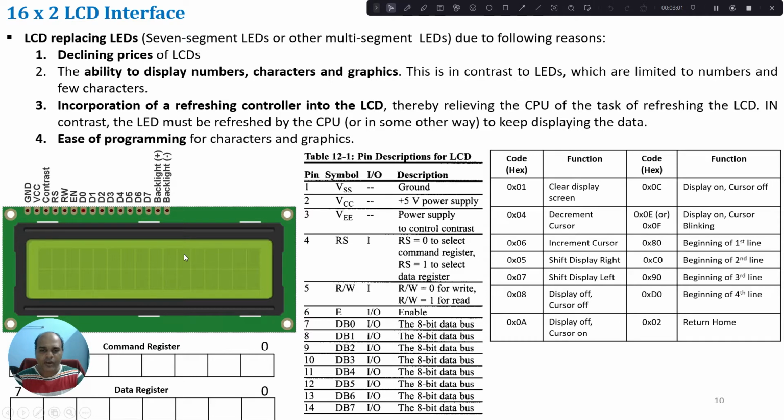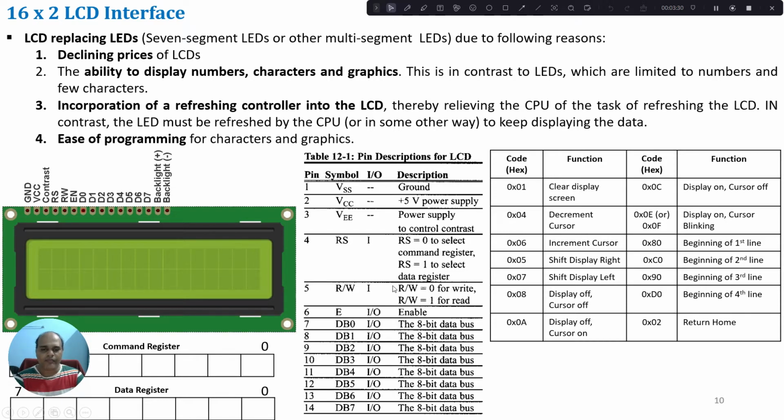Whether I want my character to move towards left or right, whether I want a cursor or not, whether the cursor should be in a blinking state or not, whether I should clear the LCD or not. Those are treated as commands, and these commands are given in the form of hexadecimal codes. That is represented here. We specify different hexadecimal codes, and each hexadecimal code has a different functionality.